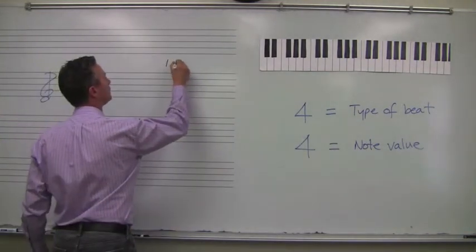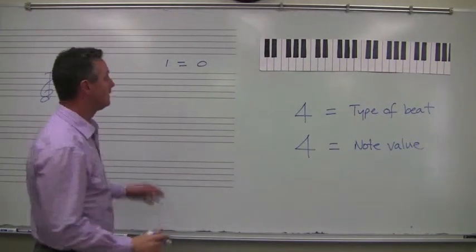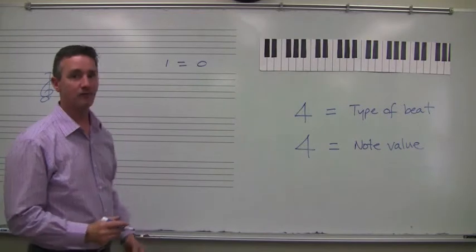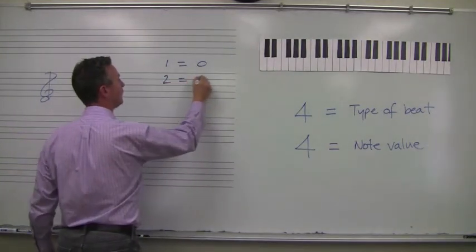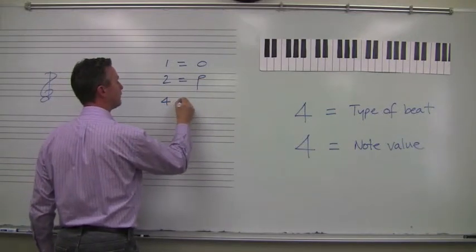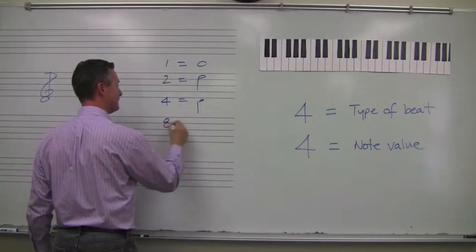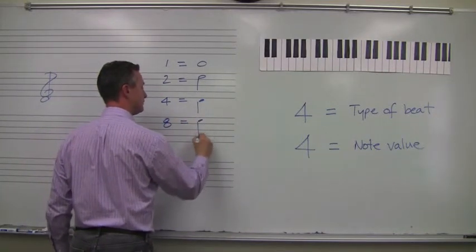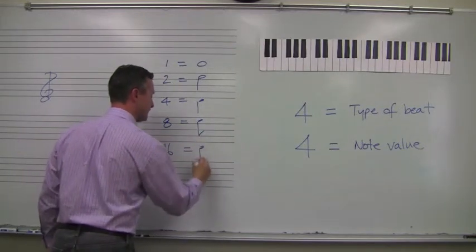A 1 equals a whole note, and that would make sense. And we don't see this very often, but it is theoretically possible. A 2 equals a half note. A 4 equals a quarter note. An 8 equals an eighth note. A 16 equals a 16th note.